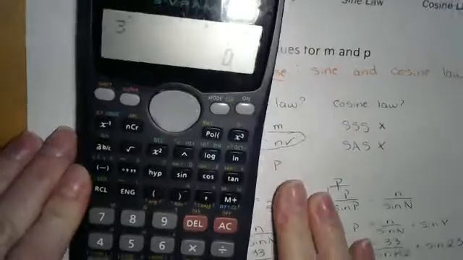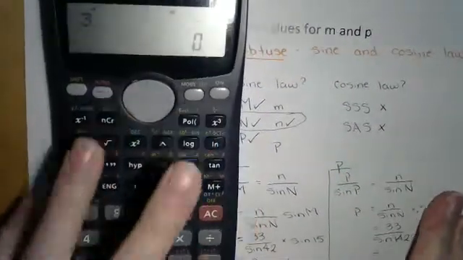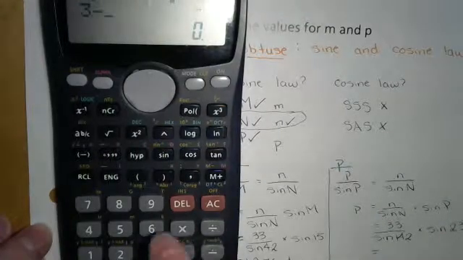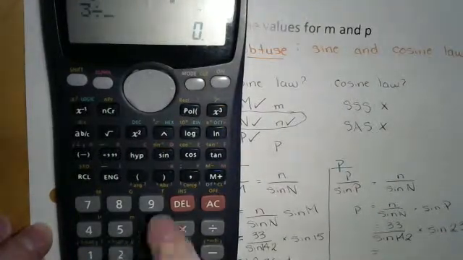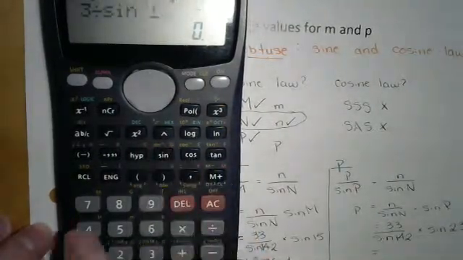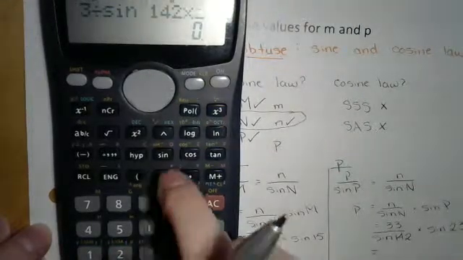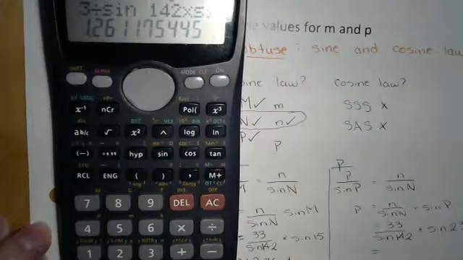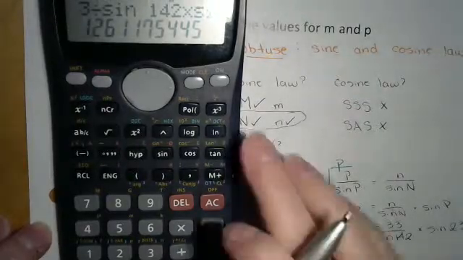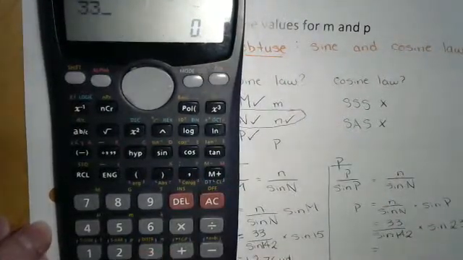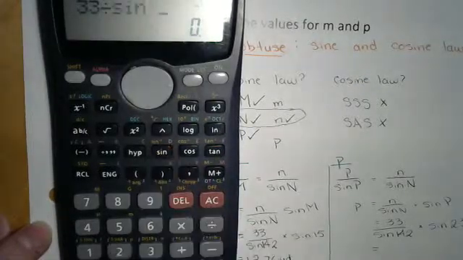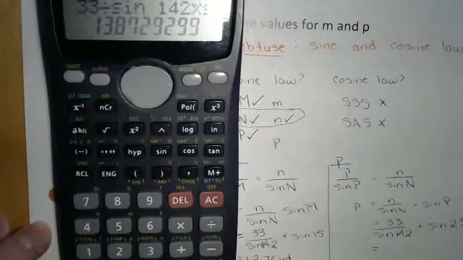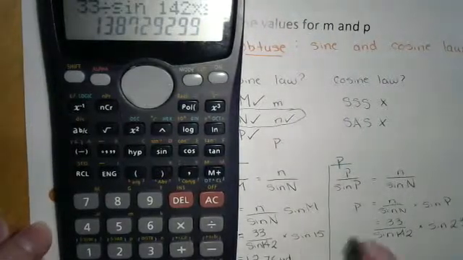33, I can get it there. Divided by sine of 142. Sorry about that. Multiplied by sine 15. That's not right, something happened. Divided by sine 142 times sine 15. There, 13.9.